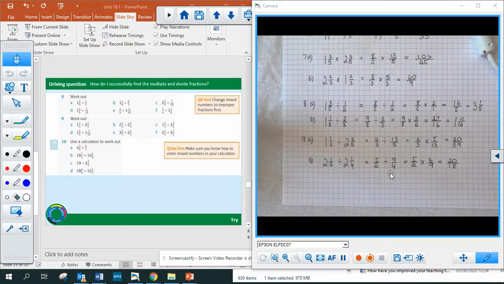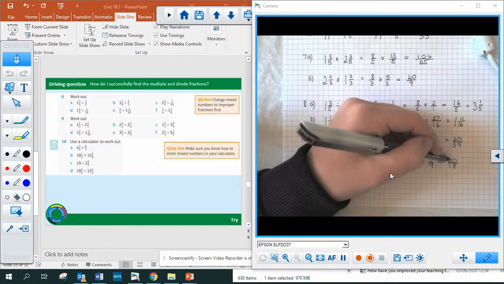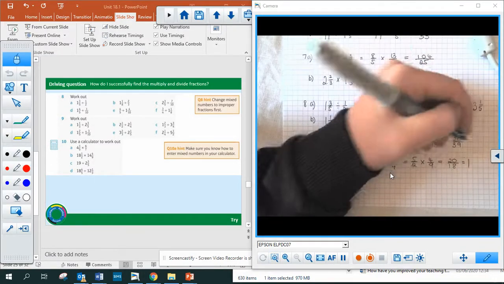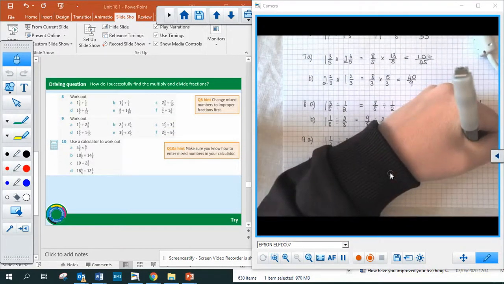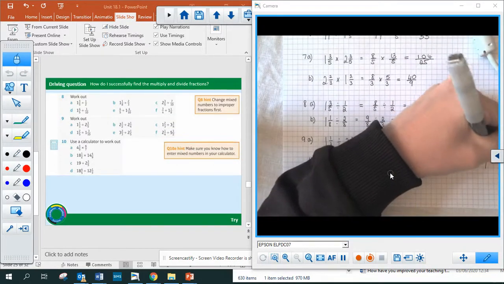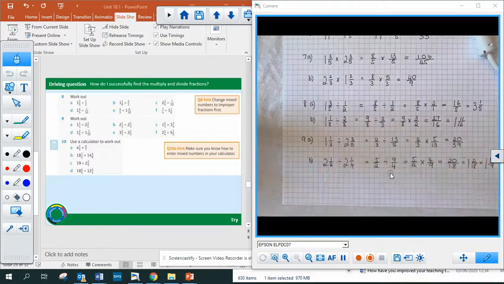Okay, you can simplify or you can convert into a mixed number here. So 18 goes into 20 once, with 2 remaining. That's 1 and 1/9. Okay, I'm not going to go through question 10 because it's a calculator question.